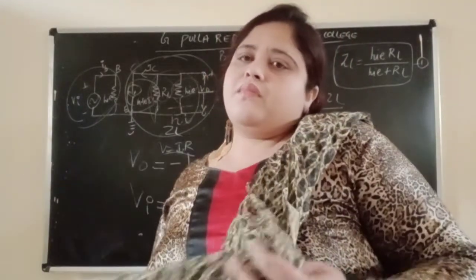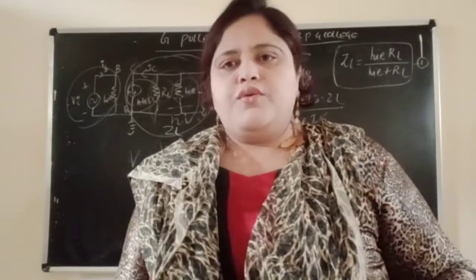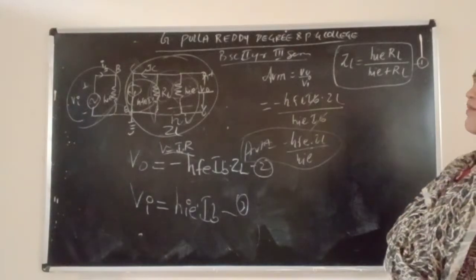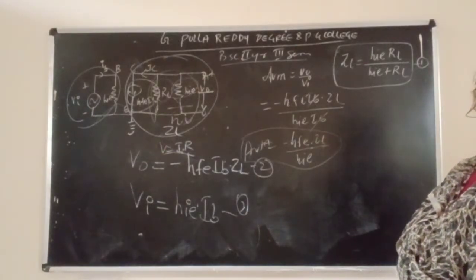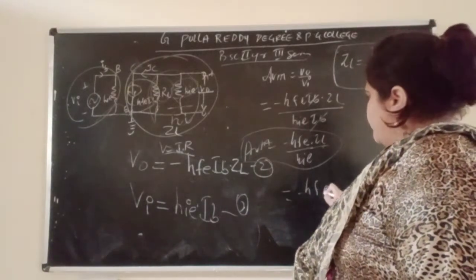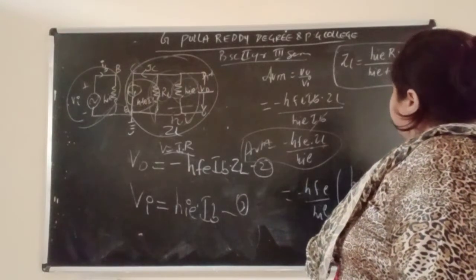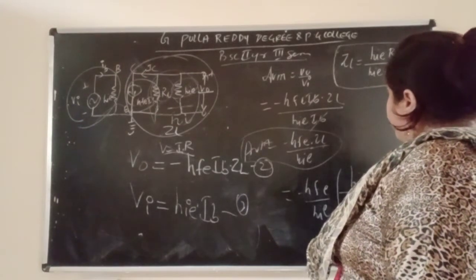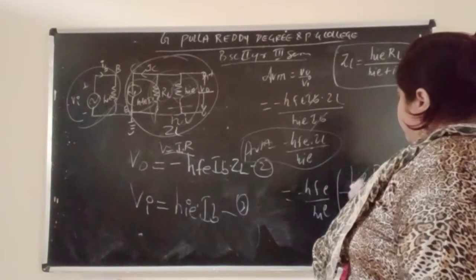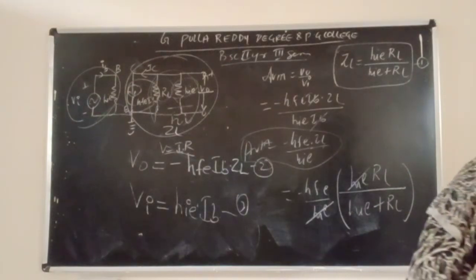Now this is your formula for the mid frequency range. What will you do now? You will substitute the value of ZL here: minus HFE into ZL, where ZL is HIE into RL by HIE plus RL. HIE cancels. What will you get now?